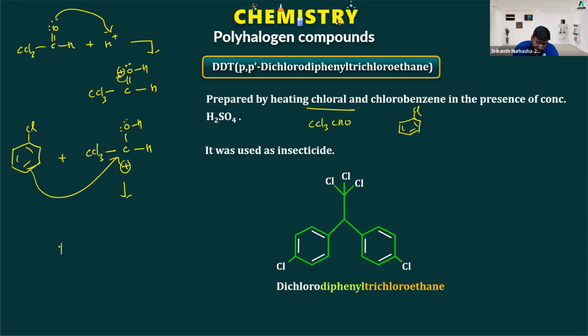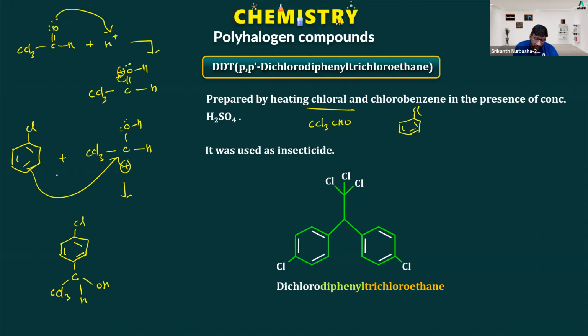So what you will get, students? You will get a compound like this. Carbon is going to be connected to another carbon in this manner. We get CH, CCl3, CH, OH. The simple electrophile has been substituted. Actually, we form a sigma complex, and that again undergoes change to form this particular product, but we have written it directly because this is an electrophile.